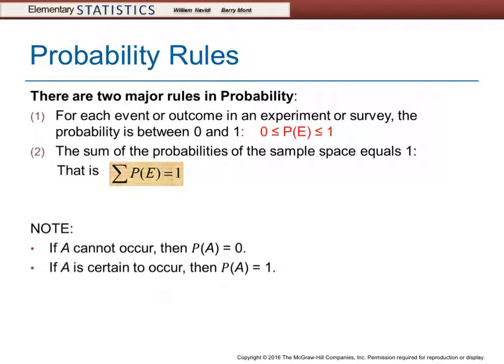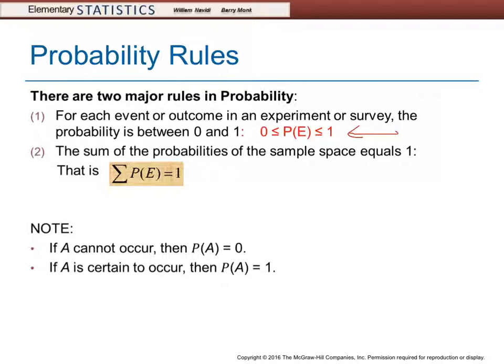There are two major rules in probability. The first rule is, for each event or outcome in an experiment or survey, the probability is between 0 and 1, usually a decimal. We represent the rule the following way: 0 is less than or equal to P of E, the event, is less than or equal to 1.